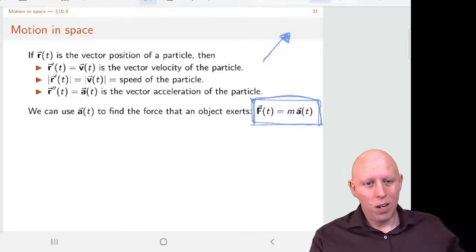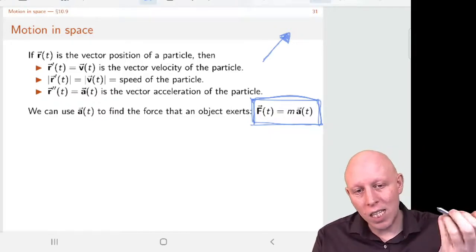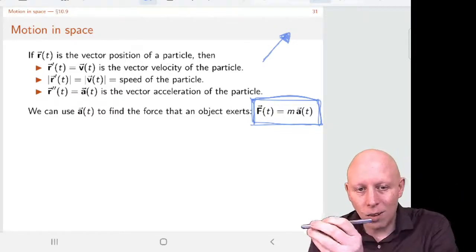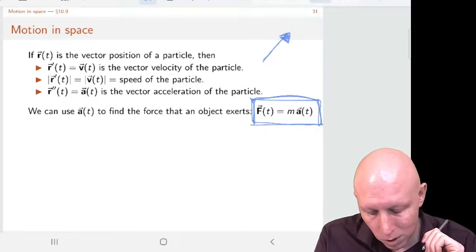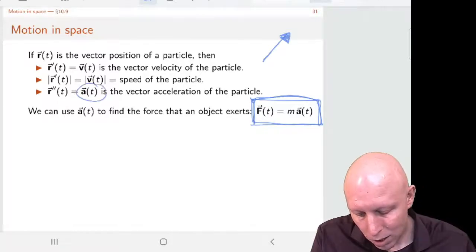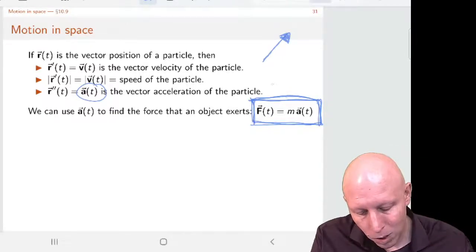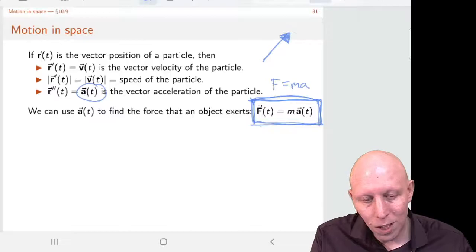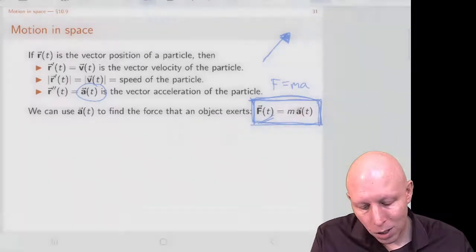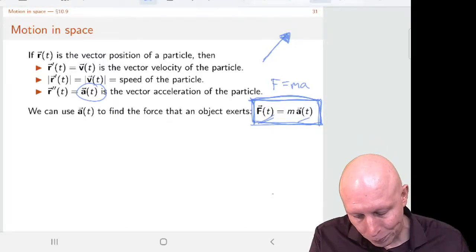If you've got a bullet and your force is acting to slow it down, then you're decelerating it. But that's still a vector acceleration opposite the velocity of the particle. So this acceleration gives us a force, or the force would give us an acceleration. This equation, which you normally have seen as force equals mass times acceleration, is actually a vector equation that relates the force of an object with the acceleration that is imparted on the object.